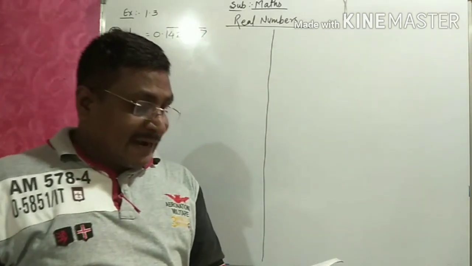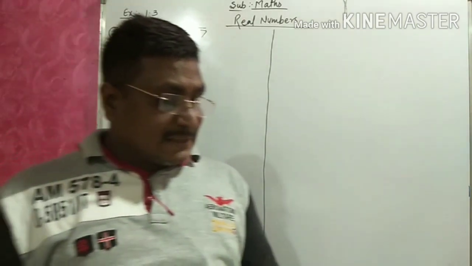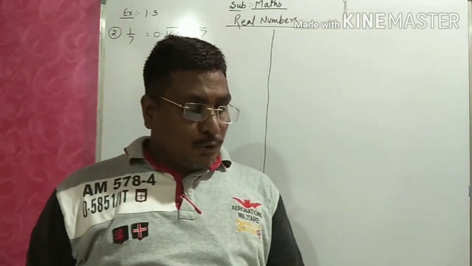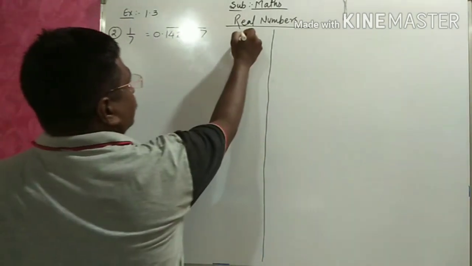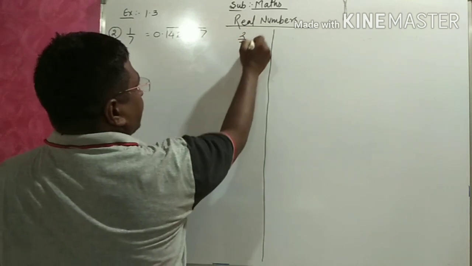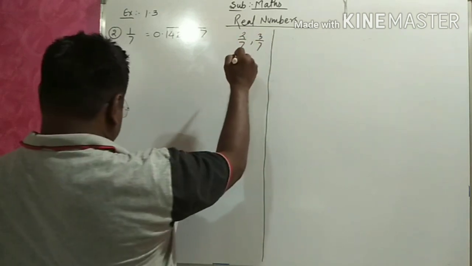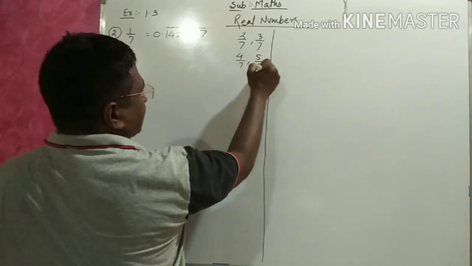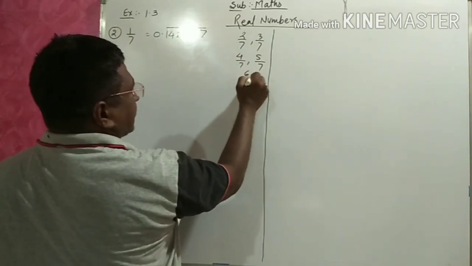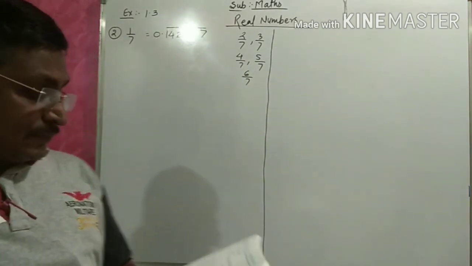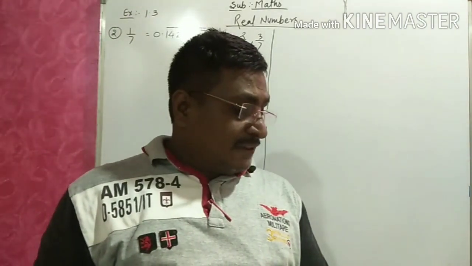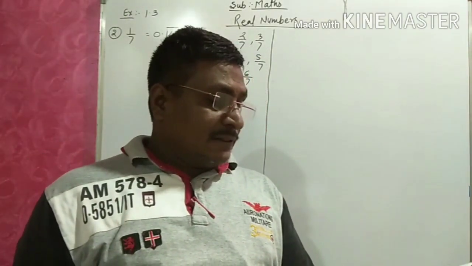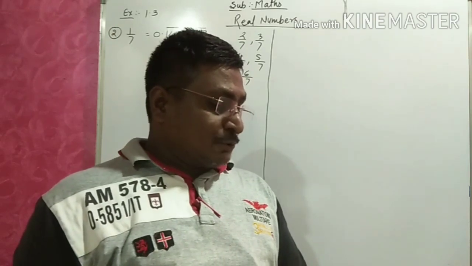Can you predict what the decimal expansions of 2 by 7, 3 by 7, 4 by 7, 5 by 7 and 6 by 7 are without actually doing the long division? If so, how?